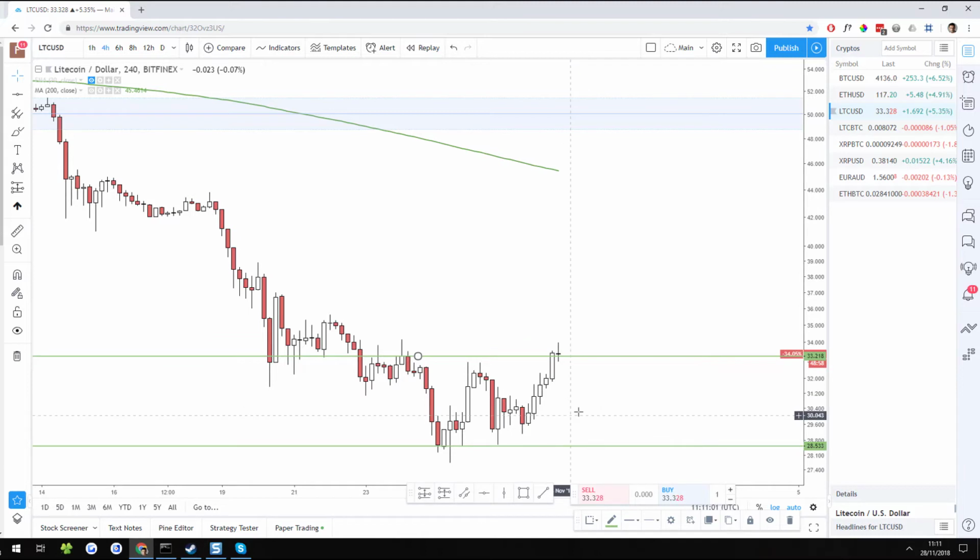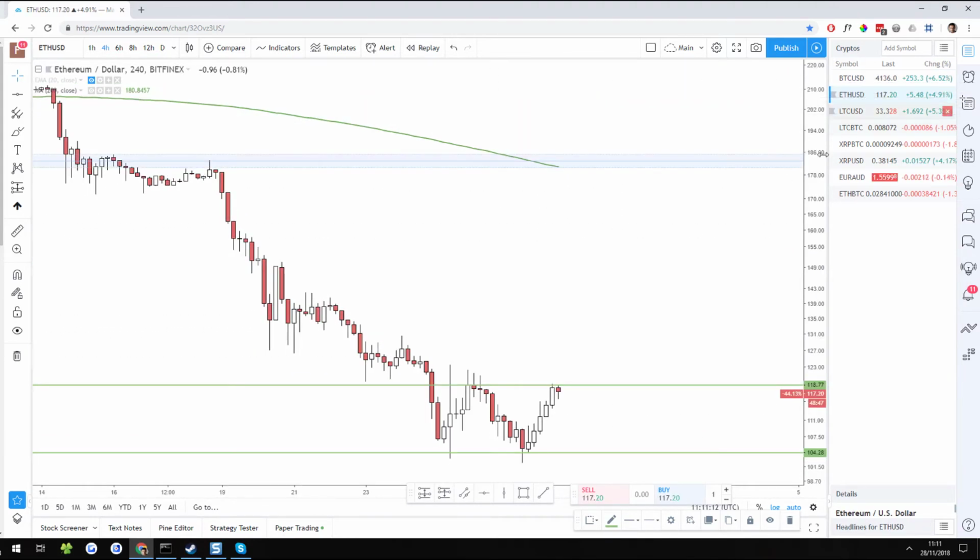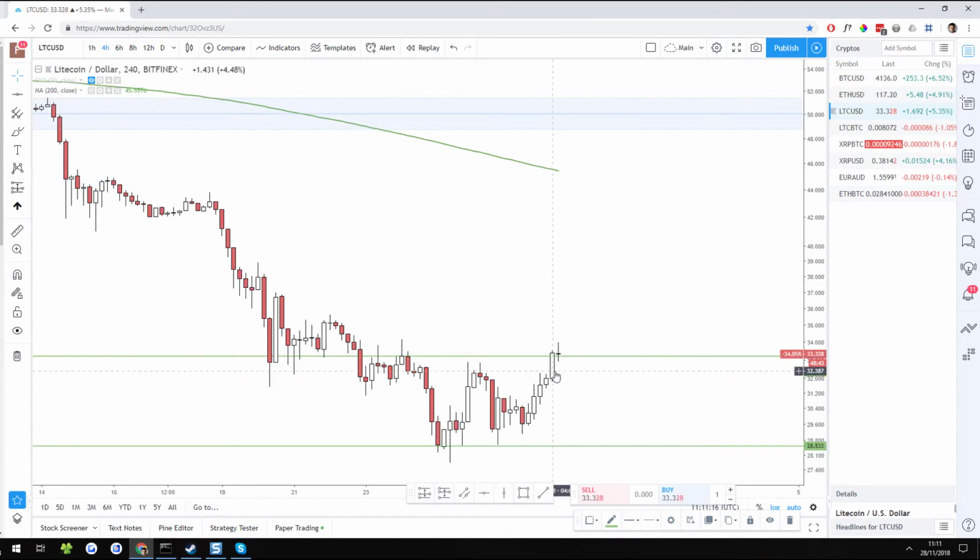I'd say that there's still some potential here. Let's see what happens with this current candle. If it stalls out here, I might be looking to take a short, but it's not very likely because the setups on BTC USD and Ether USD are much cleaner. So Litecoin USD, I don't really see myself taking this trade when I have two other better opportunities.